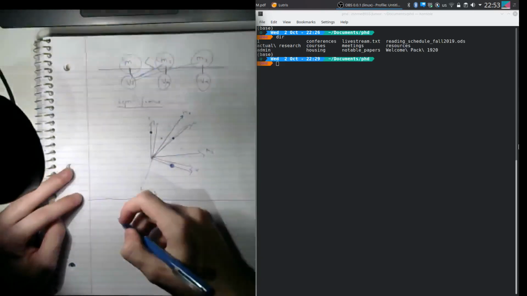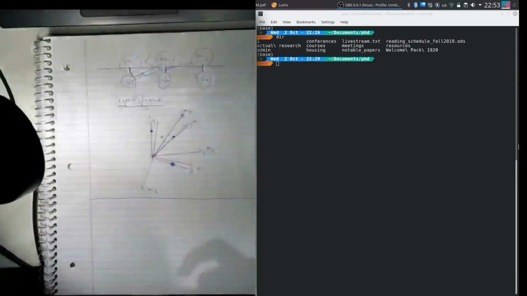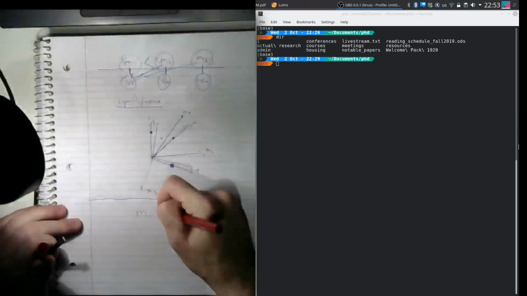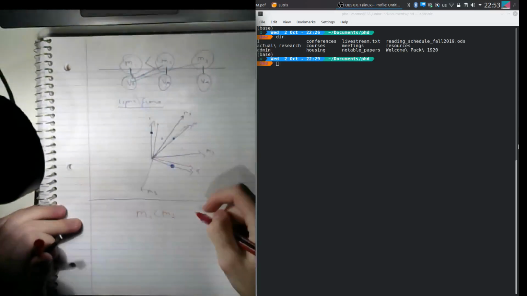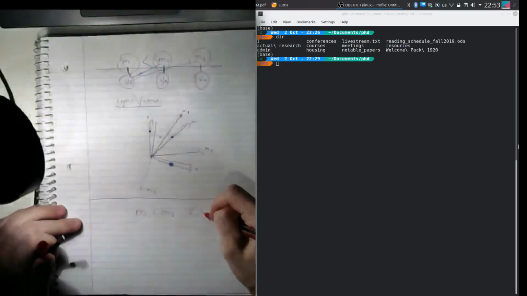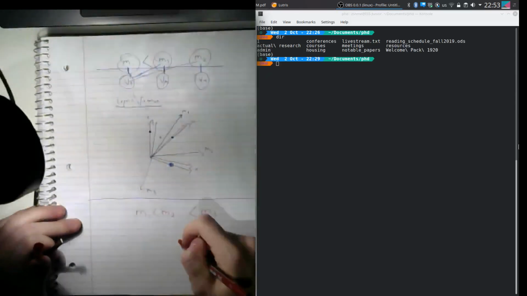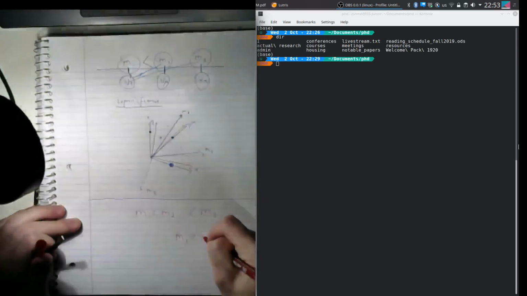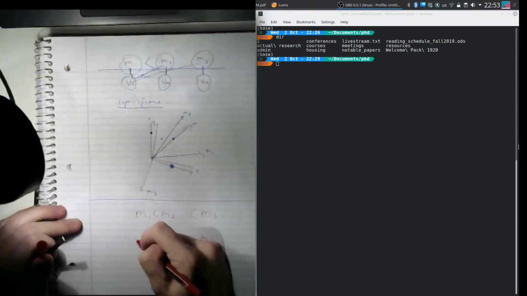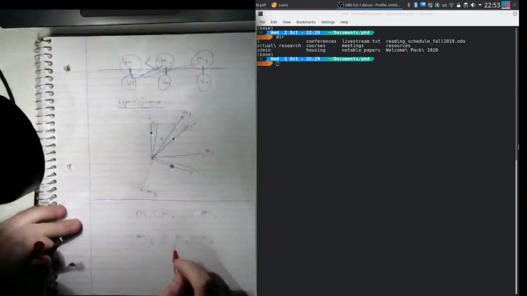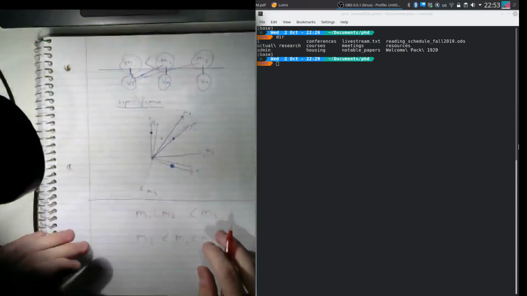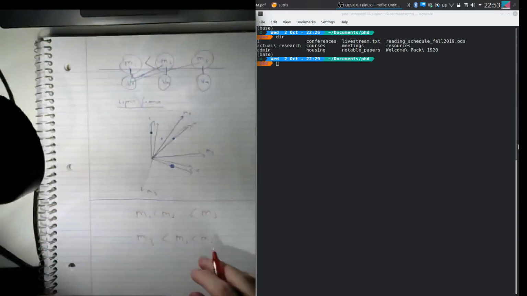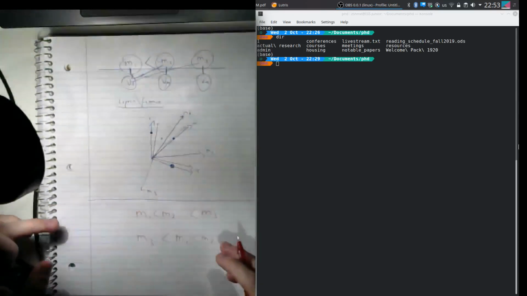There's sort of two options here. You could have mass 1 less than mass 2, and then mass 3 is even bigger than that. Or you can have mass 1 less than mass 2, and mass 3 is less than both of those. These are the two options that we've narrowed it down to based on the experimental data we have so far.